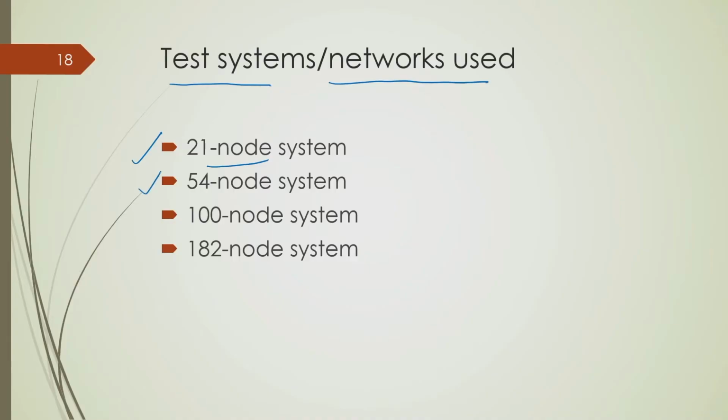The second is a network having 54 nodes. The third is a network having 100 nodes or 100 buses, and the fourth is a network with 182 nodes.